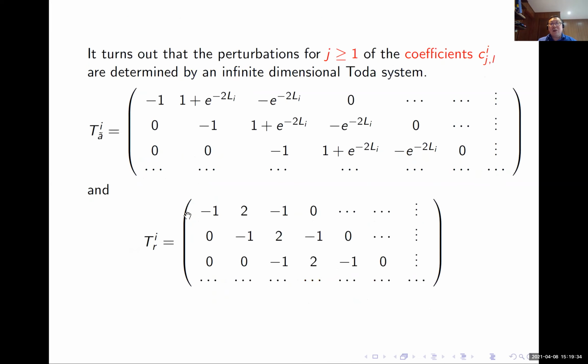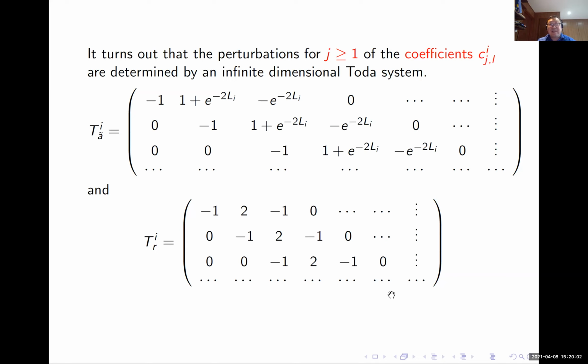Now to solve the infinitely many Lagrange multipliers, you get some infinite dimensional total system, a total matrix. And it turns out that we can solve the inverse of this total matrix explicitly, because this is nothing but the discretization of the Laplace operator in 1D.